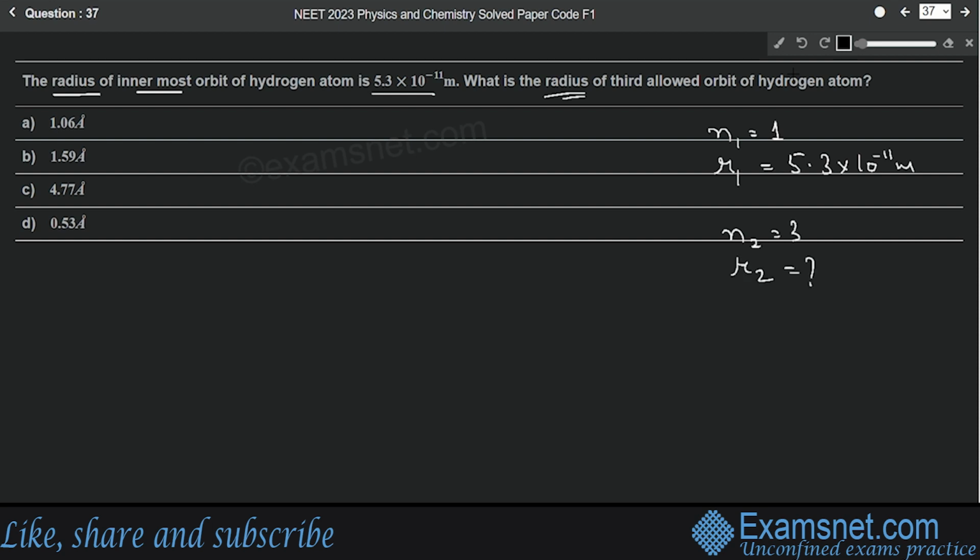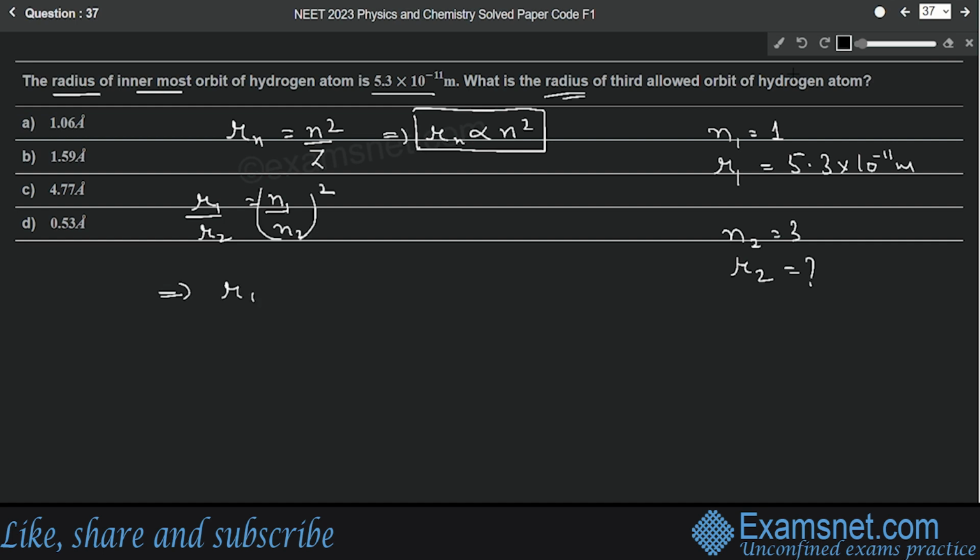So n2 is equal to 3, and we have to find out the value of r2. Now we know that the radius in nth orbit is proportional to n square by z, where z is the atomic number, and for hydrogen z is equal to 1. So we can say that r is proportional to n square. It means r1 by r2 will be equal to n1 by n2 whole square.